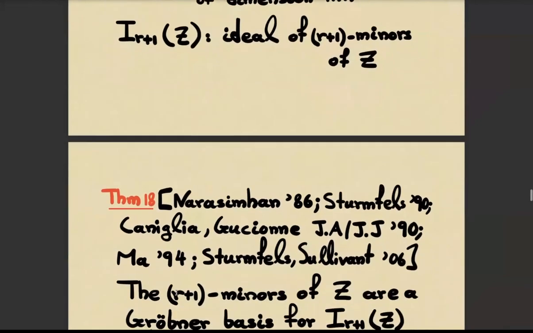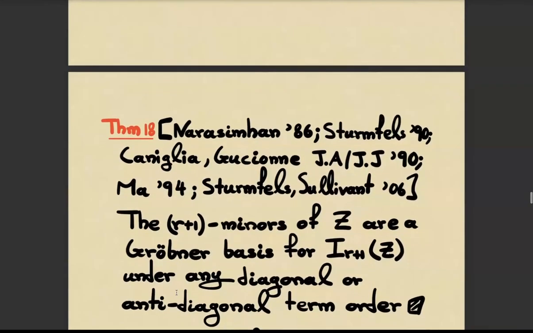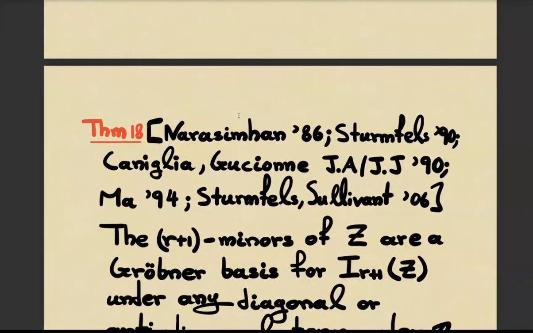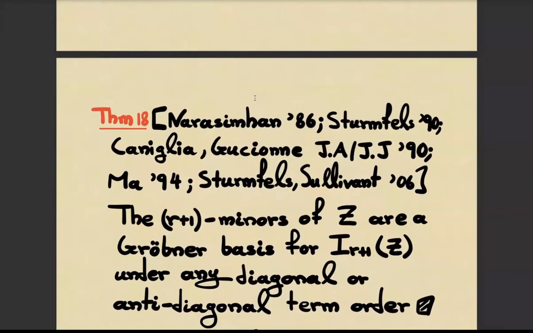There is this very important and famous theorem in the field of commutative algebra, proved by various people with different techniques. Here I mentioned some. I'm not sure if it covers all of them, but it seems that the first one to prove it was Narasimhan in 1986.